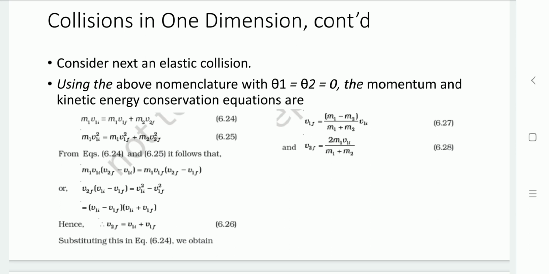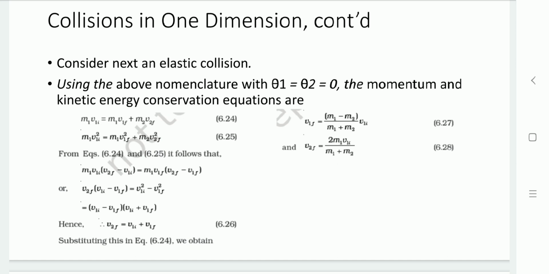So here m1 v1i into (v2f minus v1i) equals m1 v1f (v2f minus v1f), that we can get from the above two equations. So v2f into (v1i minus v1f) equals v1i square minus v1f square.